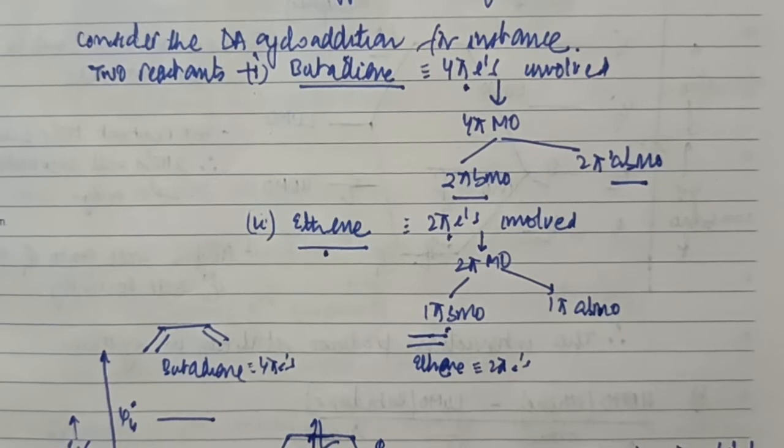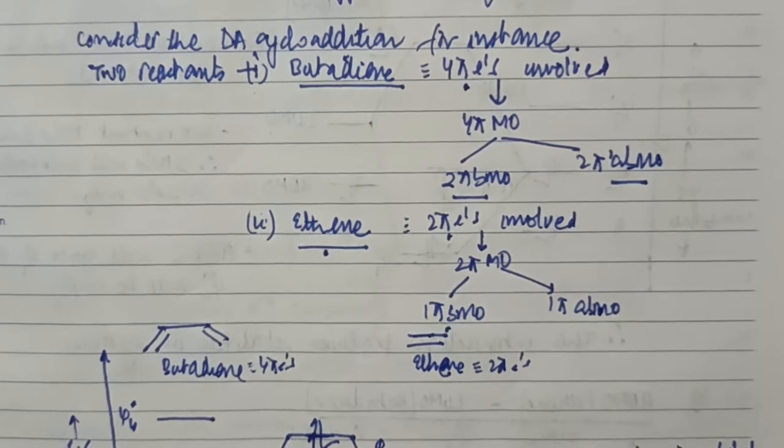And similarly, we have drawn 6 molecular orbitals corresponding to the product, which in this case was cyclohexene. The FMO approach is different. We do not draw the molecular orbitals of the product. We are only considering, I repeat, we are only considering the interaction between the HOMOs and LUMOs of the reactants. We do not consider the product here.